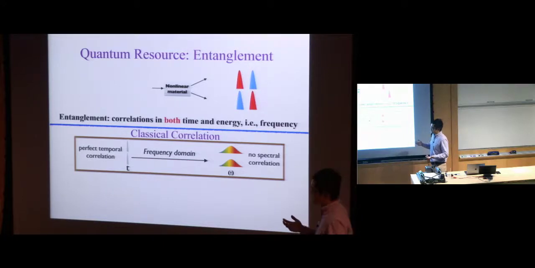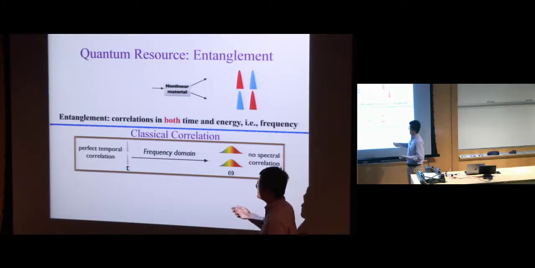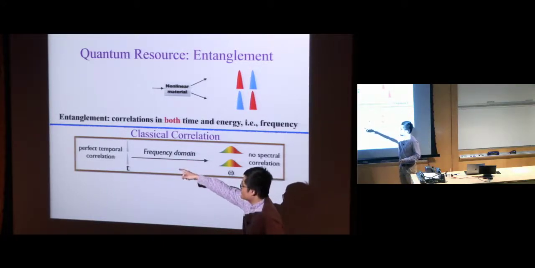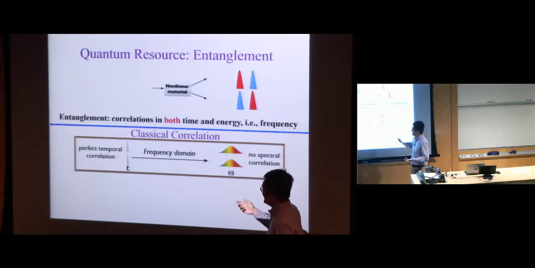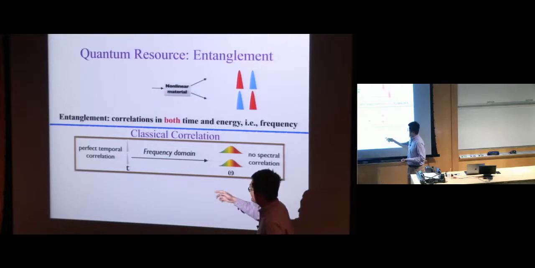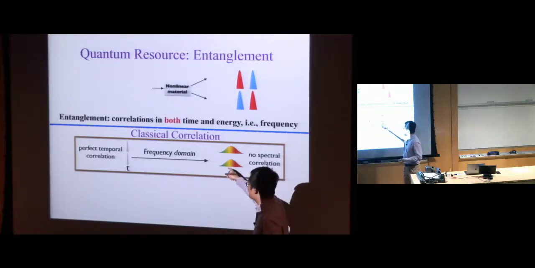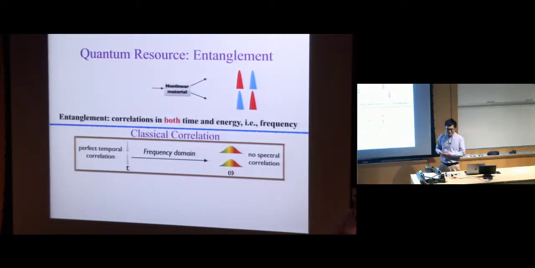So what this implies is that if you try to make a measurement to determine the frequency of one photon, this frequency is going to be random across this whole area, and likewise, if you determine the frequency of your second photon, it's going to be random across this whole region. Therefore, there is no spectral correlation between the two photons.